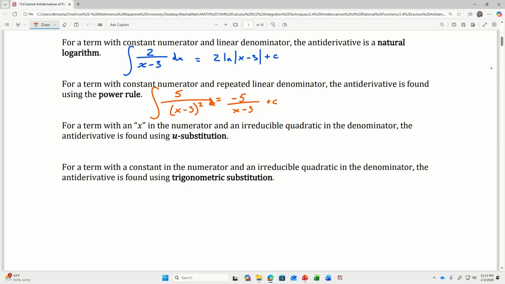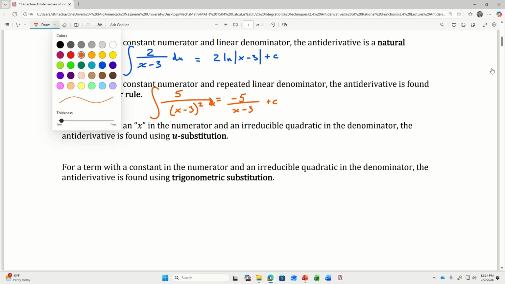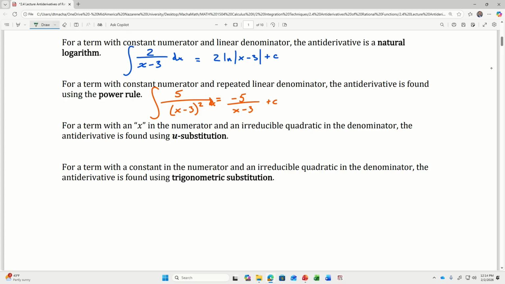In the third case, maybe I've got a term that has an x in the numerator and an irreducible quadratic in the denominator, like when you're doing partial fraction decomposition, and maybe you end up with a quadratic factor that looks like this, and we don't really want to factor that because then I get imaginary numbers.